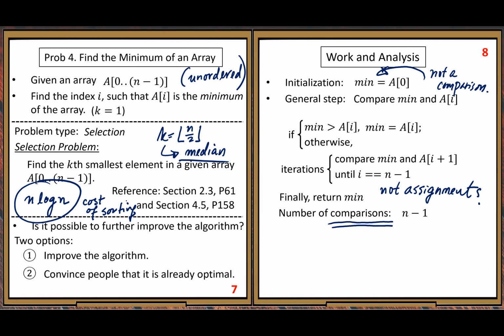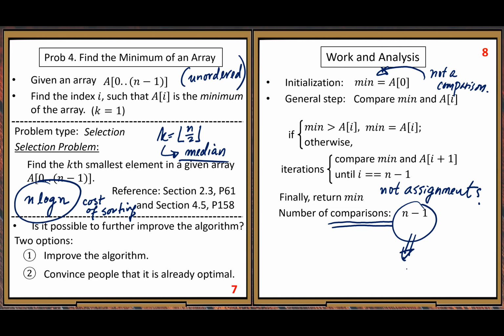And this solution, this n-1 comparison solution, is optimal. It is the best that people can do for this particular question. Nobody can do better than n-1. That means nobody can use n-2 comparisons to find the minimum of an array with n elements. It is optimal.